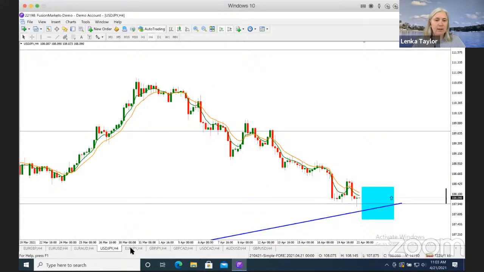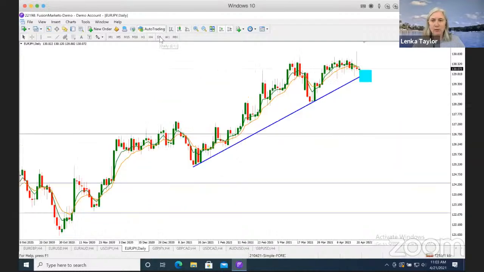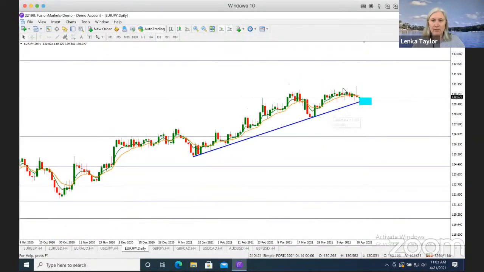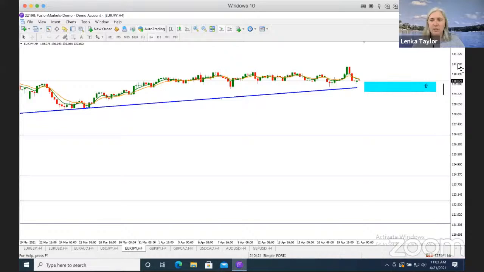Okay, next currency pair I'm going to have a look at is Euro JPY. So here I'm looking for a long. I'm looking for a reversal around that area. It's been going sideways for quite some time.